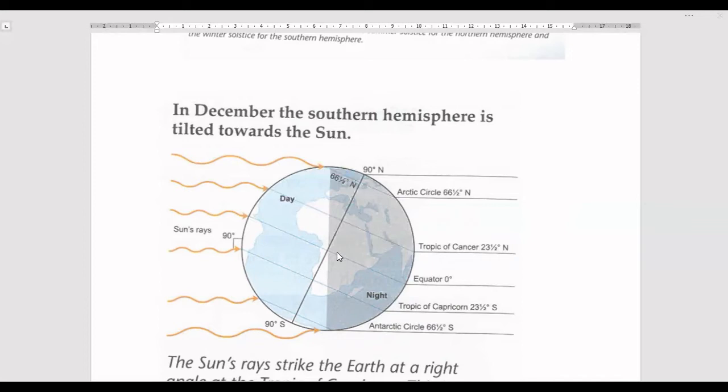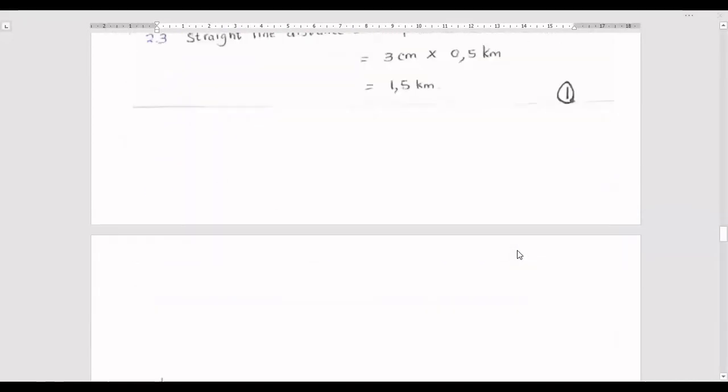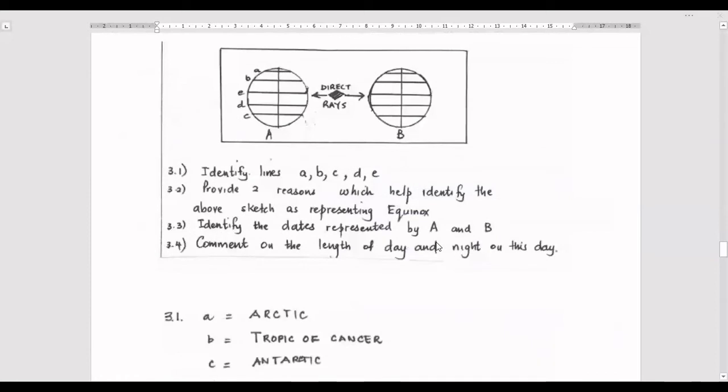In the middle is our equator, the Tropic of Capricorn, Southern Hemisphere, and there's the Antarctic Circle. Now, these lines here are important, the Tropic of Capricorn and the Tropic of Cancer. They're important to ascertain whether it's winter solstice or summer solstice. But we'll come back to the diagram in a few moments' time.